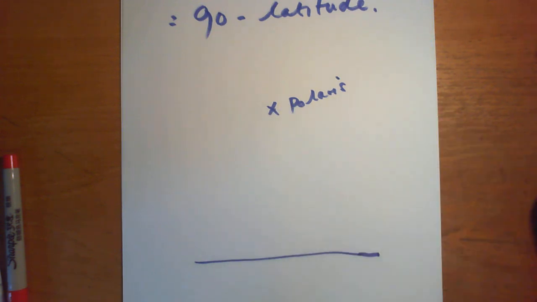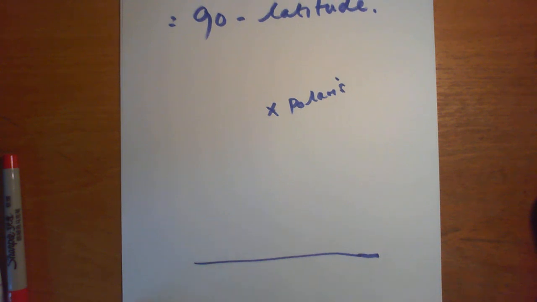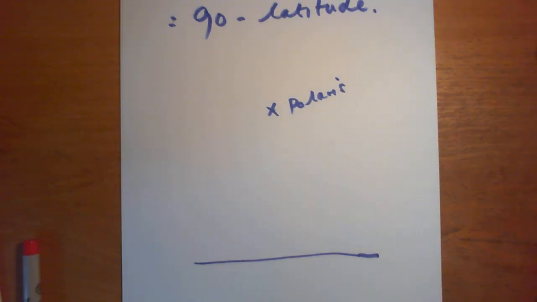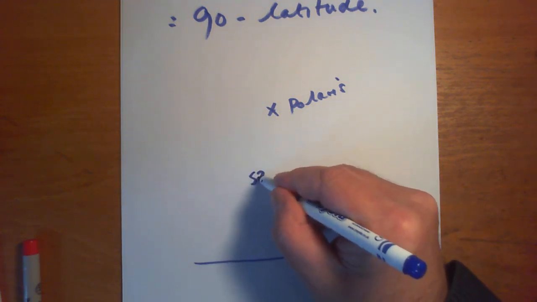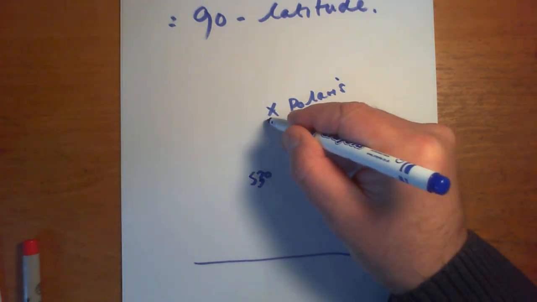Well, that altitude is equal to the latitude of the observer. So, somewhere like Liverpool has a latitude of approximately 53 degrees. So for us, that will be 53 degrees above the horizon.